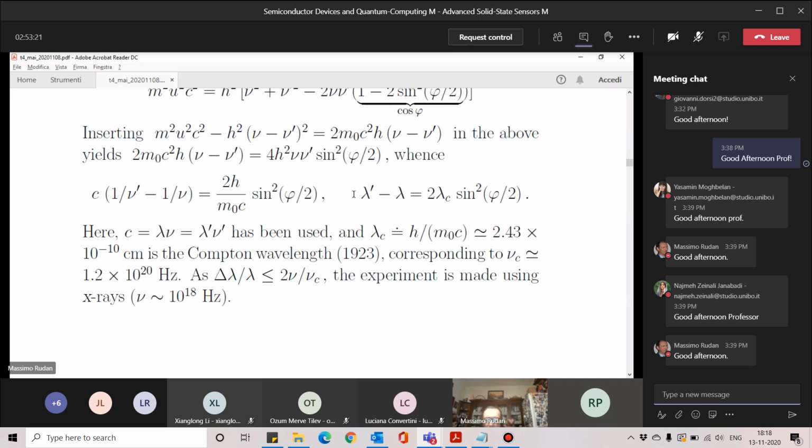So when the measuring equipment is aligned with the incoming direction, we have phi equal to 0. The sine is also equal to 0, and there is no change in lambda or in the frequency. So the frequency is the same if we measure aligned with the incoming direction.